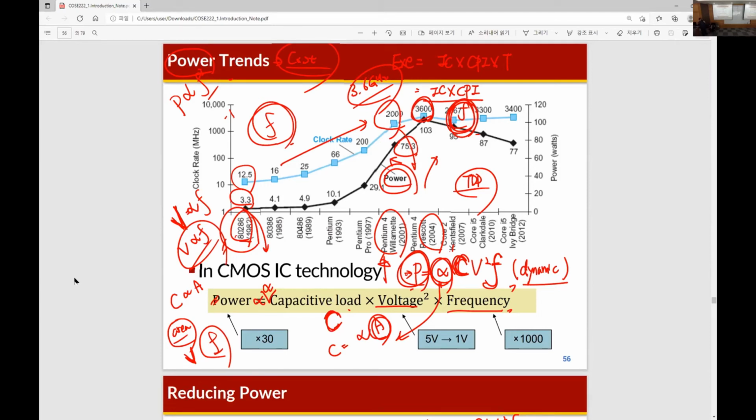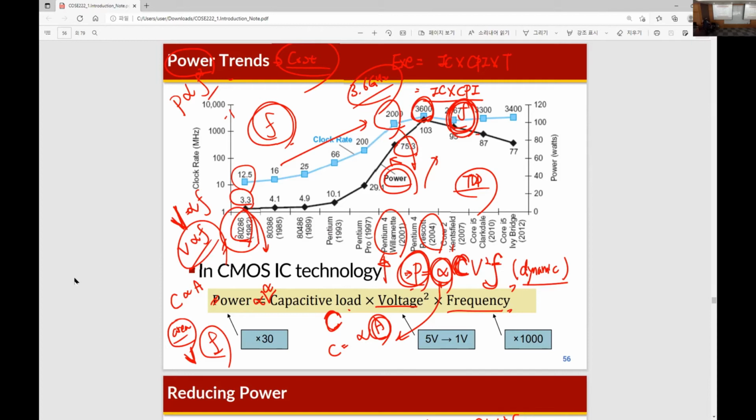It's because, as the semiconductor technology node is advanced, we are using a very narrow CMOS channel in our semiconductor devices.